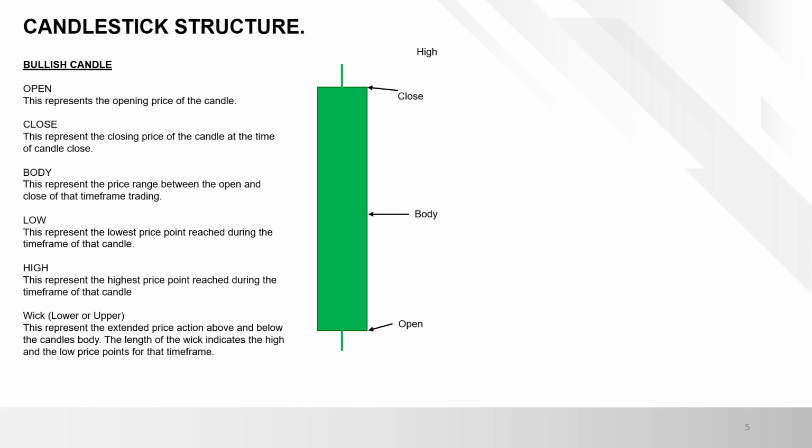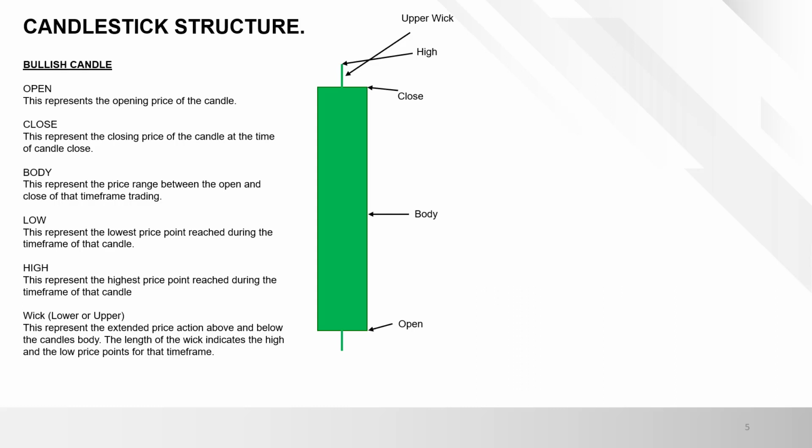Then we've got the high. This represents the highest price point reached during the time frame of that candle, during the trading session of that candlestick. Then we've got the upper wick. This represents the extended price action above the candle's body.